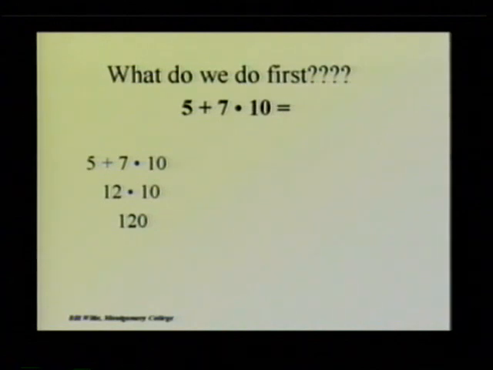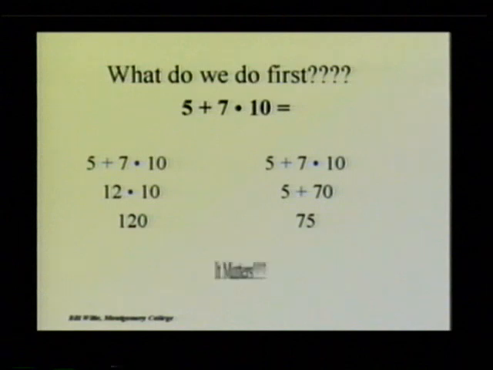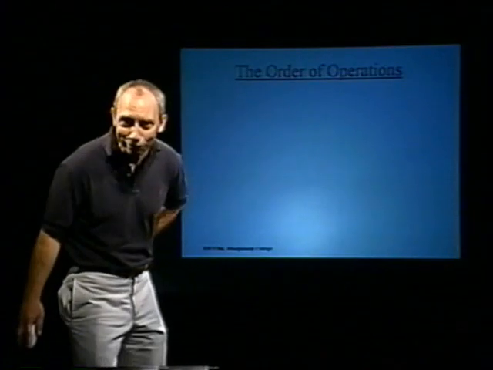It looks like we did the addition first there. What if we take the same thing and do the multiplication first? Multiply the 7 times the 10 and get 70, and then add. Well, now we get a whole different answer. So apparently it really matters which operation we do first, because we can't get different answers. There's only one right answer in math. You're going to find that out.